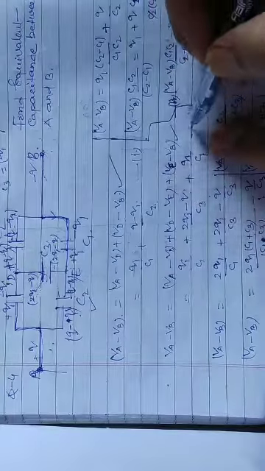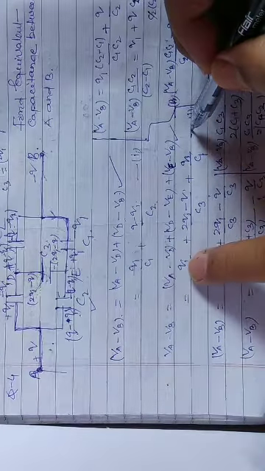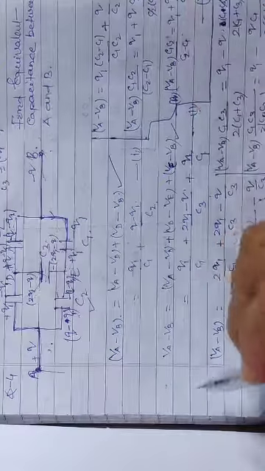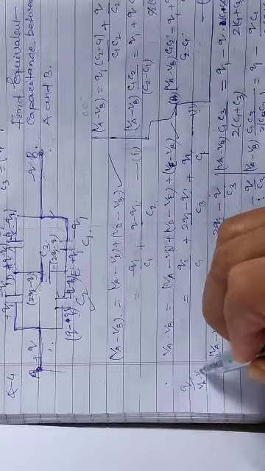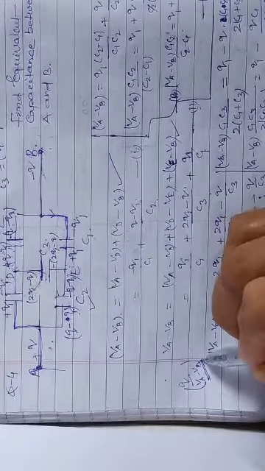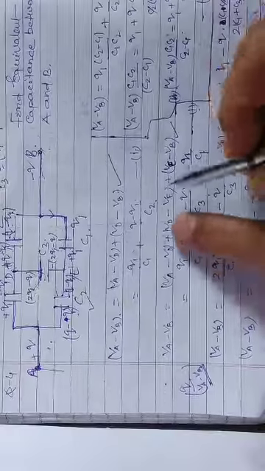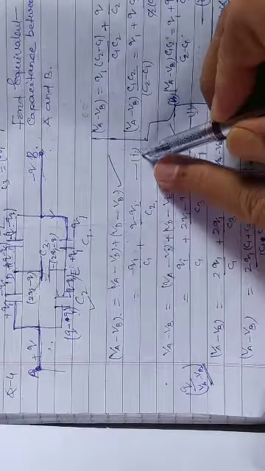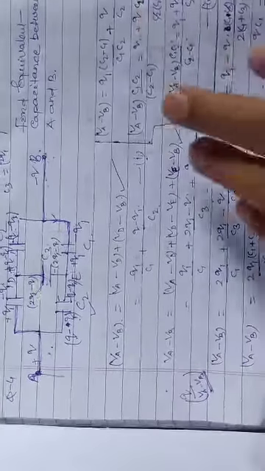Now from these two equations we have to eliminate Q1 and find out the value of Q by VA minus VB to get the value of equivalent capacitance of the network.